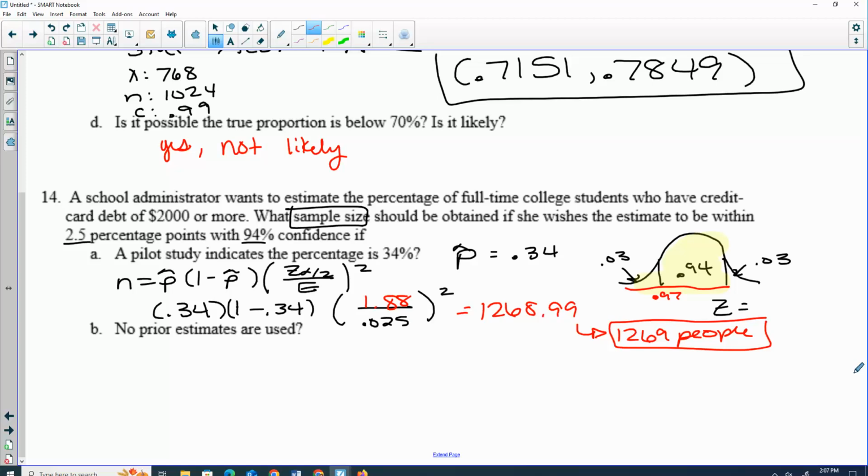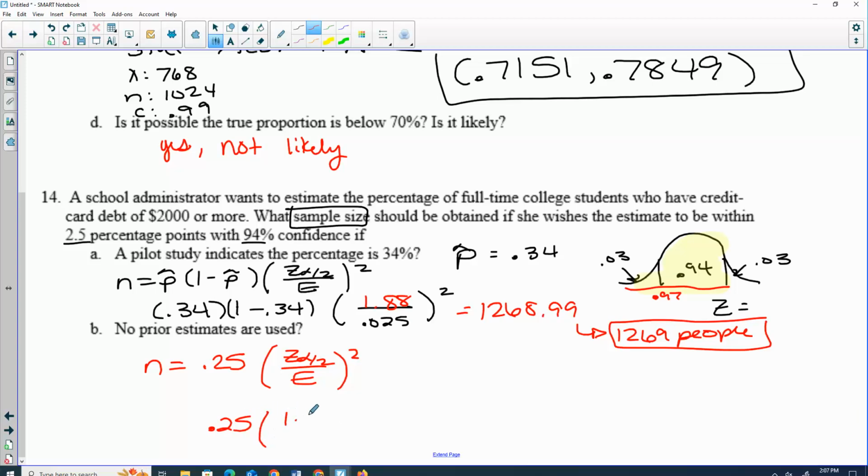For part B, we're doing the no prior estimate. So if you keep reading under that same bullet on your formula sheet, it gives you the first formula if you have P, and then it says if you don't have P, do this. N is 0.25 times Z alpha over 2 divided by E squared. We already have all of this from above.